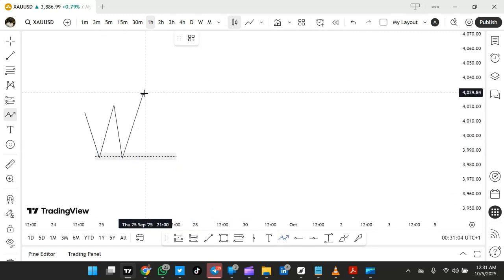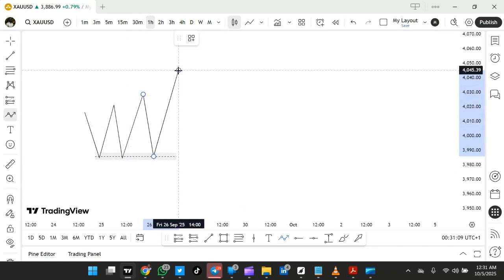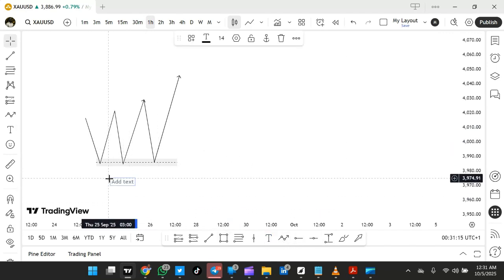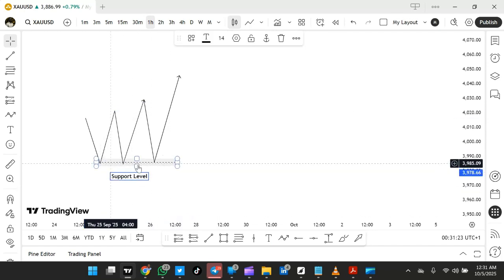You're anticipating a third touch. And when it bounces, you're expecting to buy, right? So this is a support level. Why is it support? It's because price is bouncing from a floor level. So this is a support.